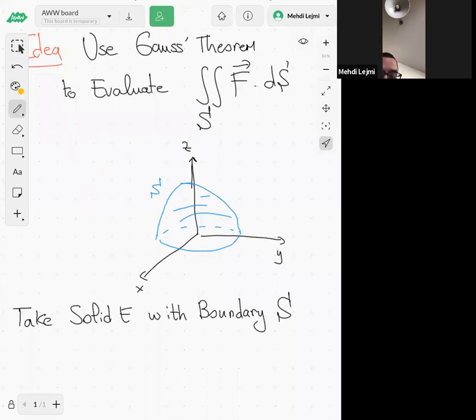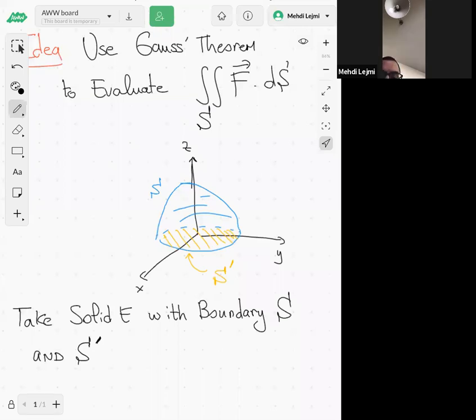To have a closed boundary, we need to include the bottom of the paraboloid, which would be, let's say, a surface S prime. So I'm going to take the solid E with boundary S and S prime.